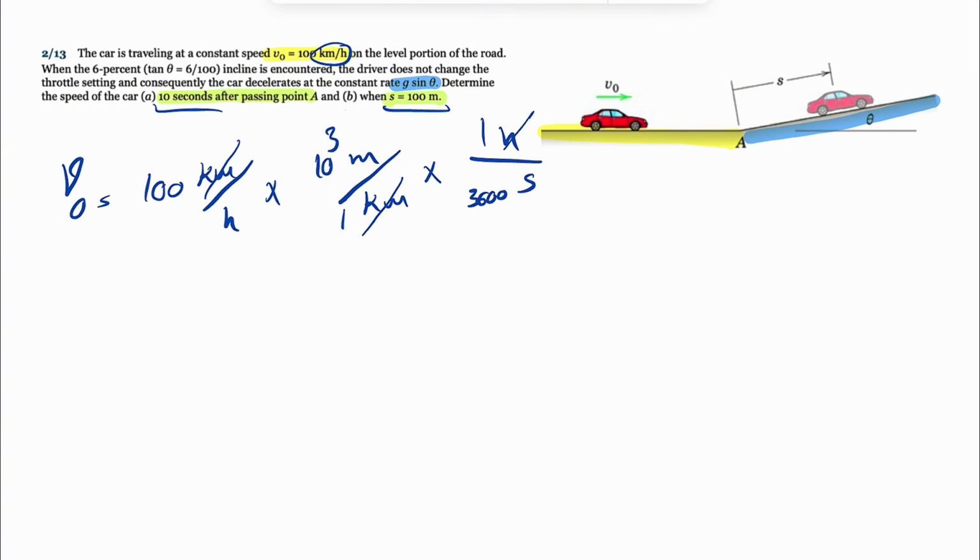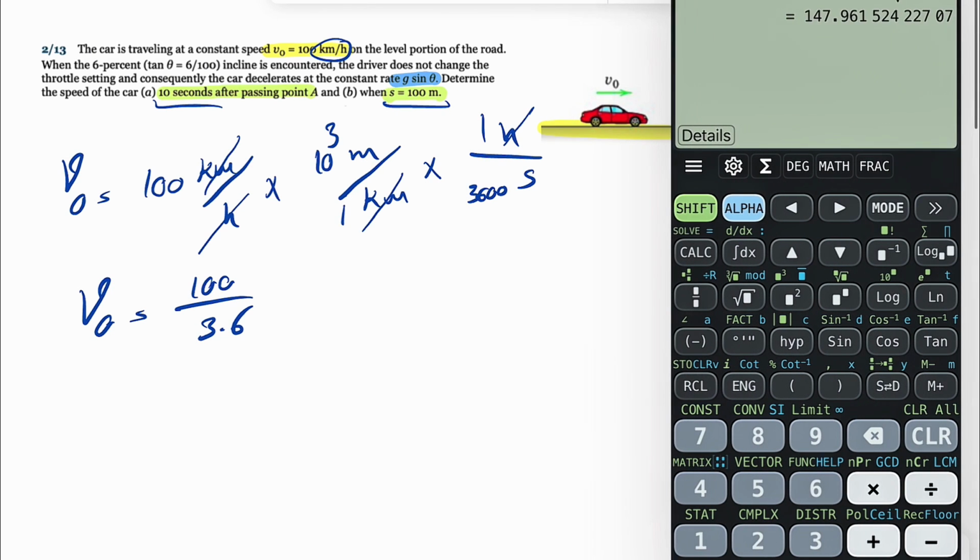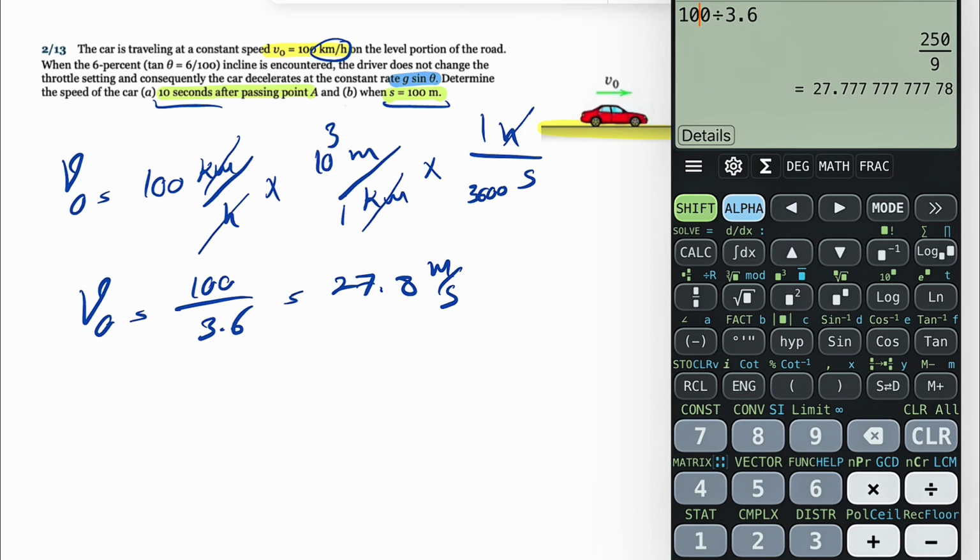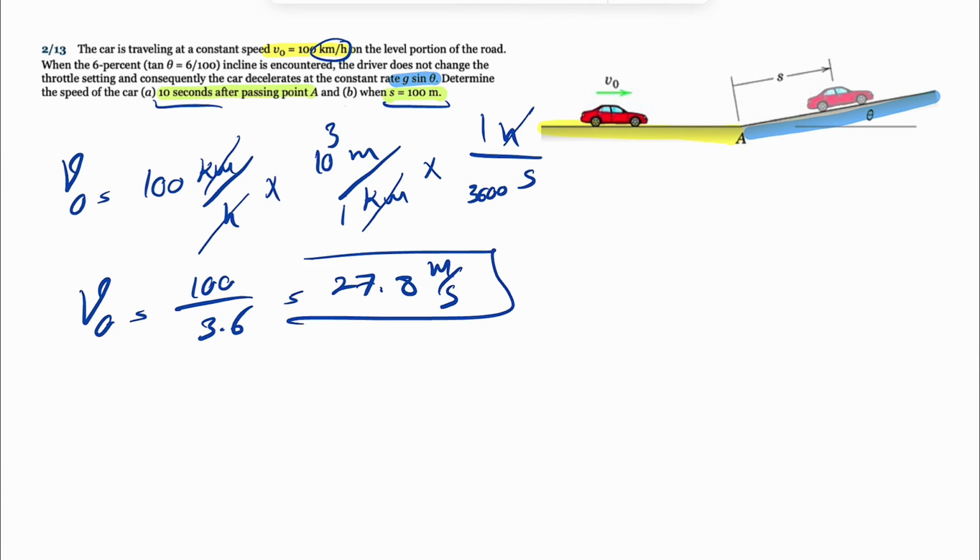That way we can get rid of the hour too. At the end of this, we basically need to divide 100 by 3.6, and let's see what we get. 100 divided by 3.6 gives us 27.8 meters per second. So that's our initial velocity.